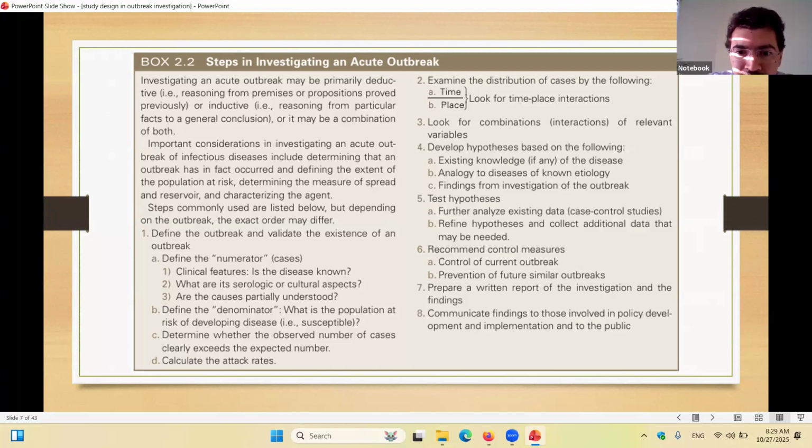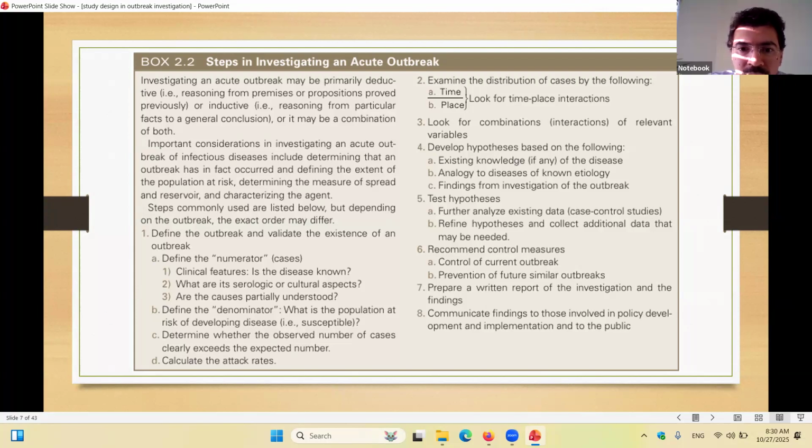We should rapidly recommend control measures and control the outbreak, and we can design our studies after the recommended control measures.